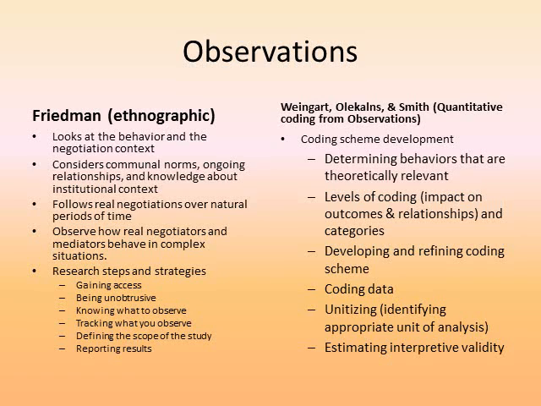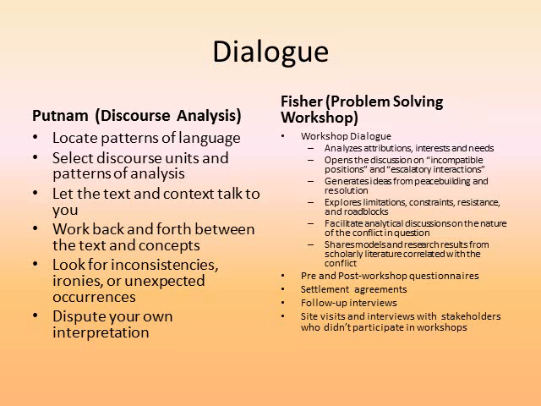Unitizing is determining where one behavior ends and another begins." Unquote. One common aspect of observations is whether multiple observers code consistently when they observe the same thing. This is referred to as inter-rater reliability.